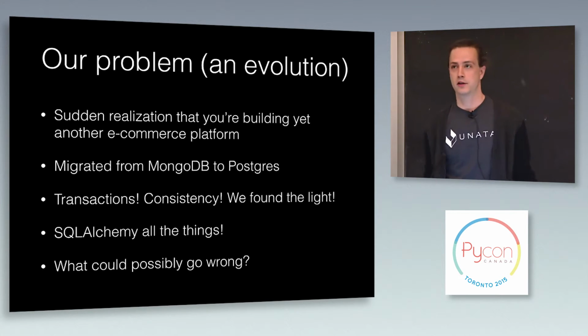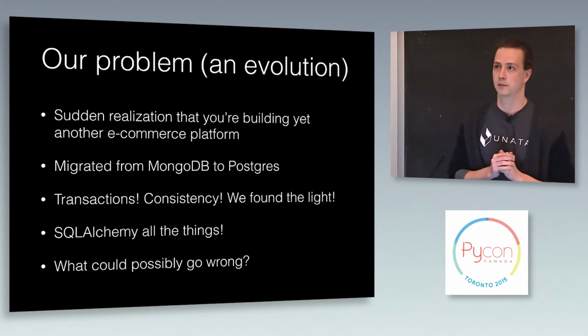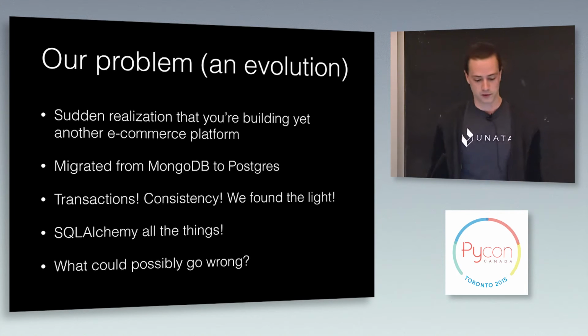We needed a transactional database with consistency for things like orders and payments. So we migrated to Postgres, and that was a big project. We ended up having to migrate a lot of our business logic because it was built into the existing Mongo code base. And we basically went with SQL Alchemy, and it was a really eye-opening thing.